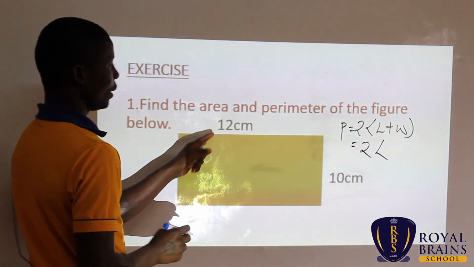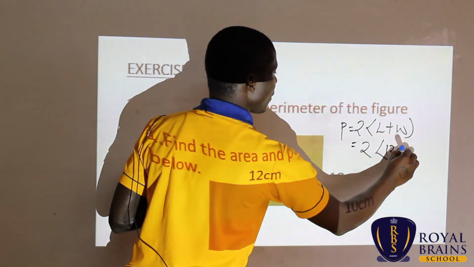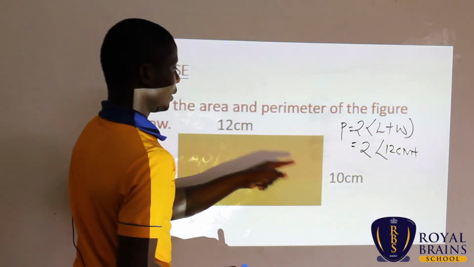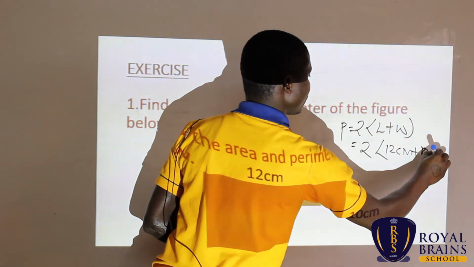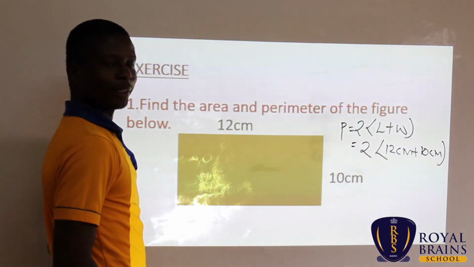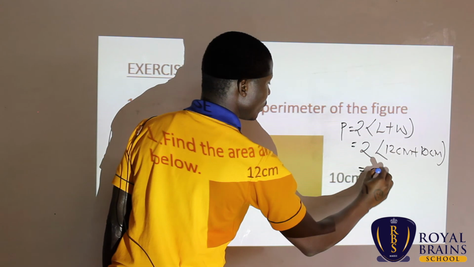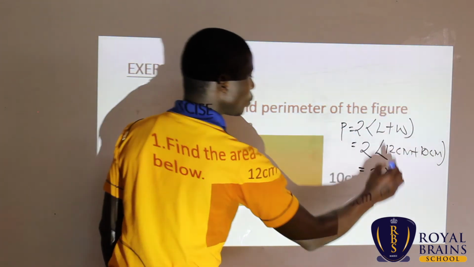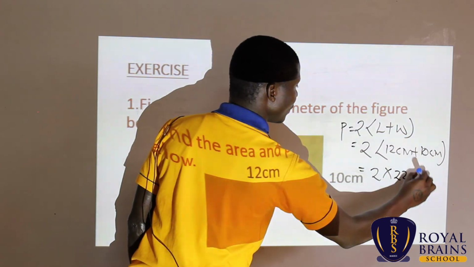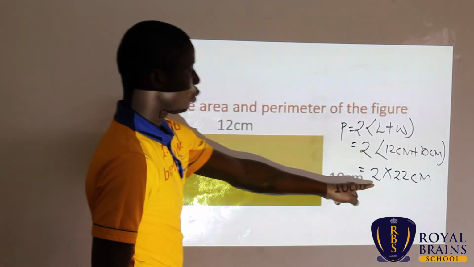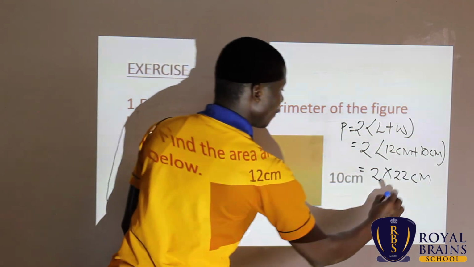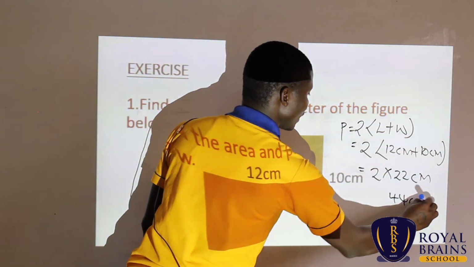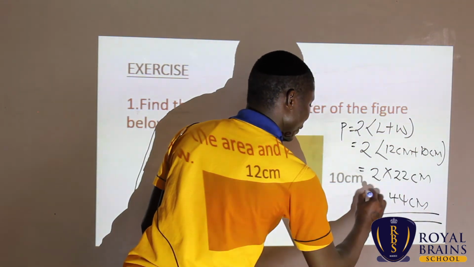We have the length to be 12 centimeters plus 10 centimeters in brackets. Next step, 2 times 12 plus 10, which is 22 centimeters. Let us multiply 2 times 22, what do you get? 44 centimeters. This becomes the perimeter.